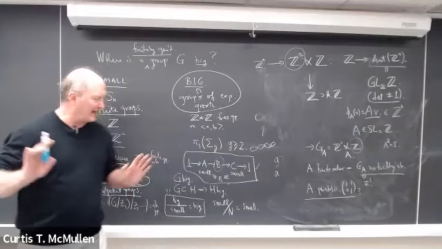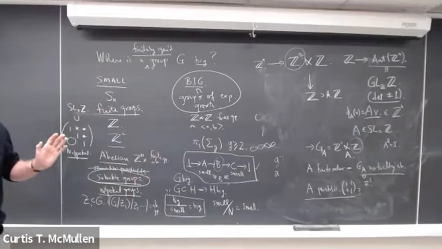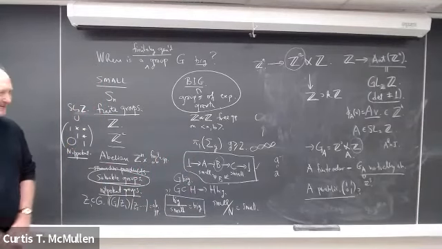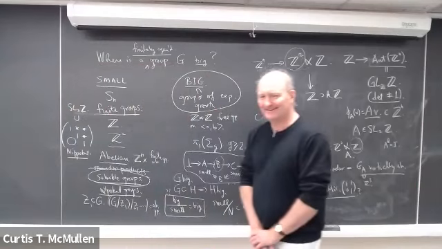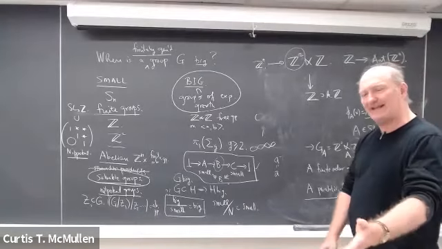Anybody want to just take a guess? The type of group we get is on the board somewhere. Oh, is it the Heisenberg group? No, not quite, but it is nilpotent. Nilpotent. Right.